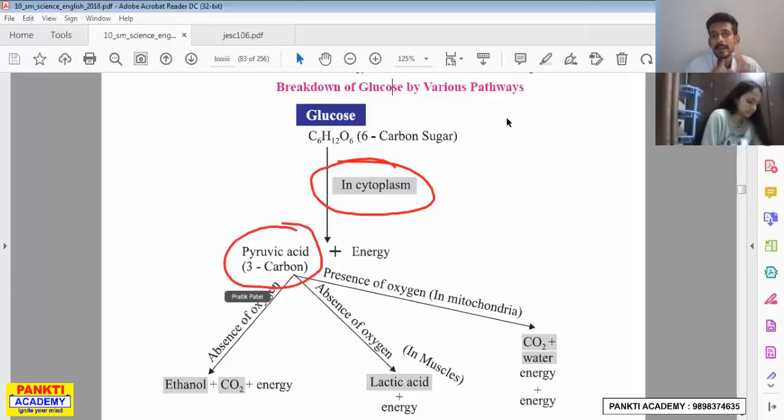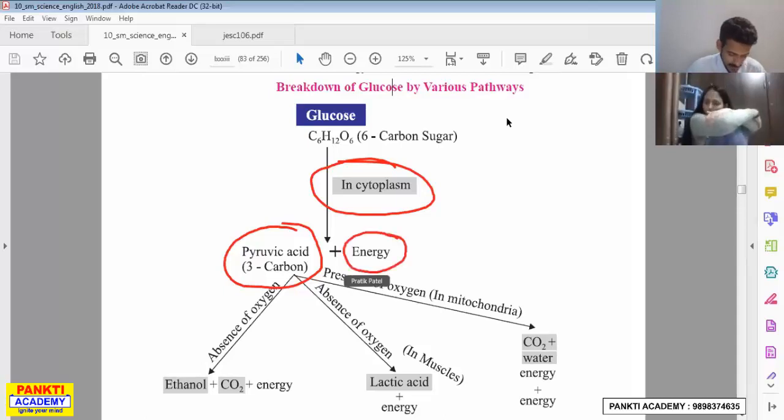What is pyruvate? A 3 carbon molecule. In this pyruvic acid, there are 3 carbons. And one time energy is released.